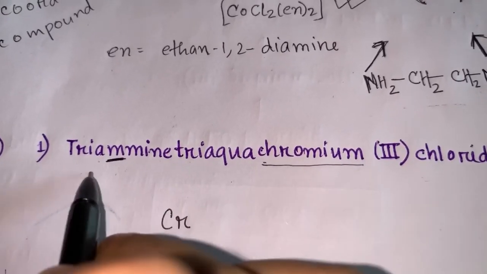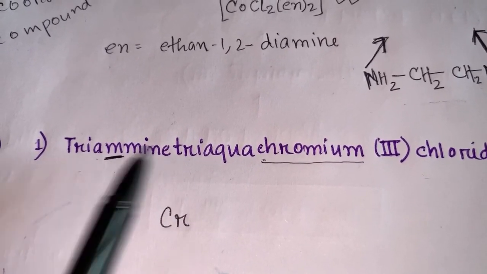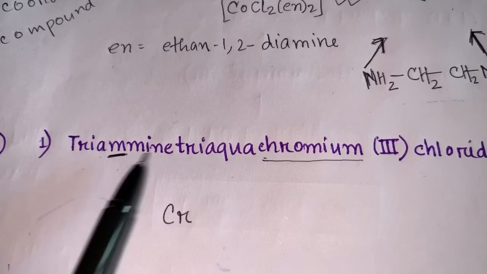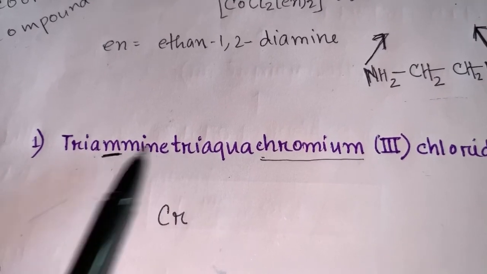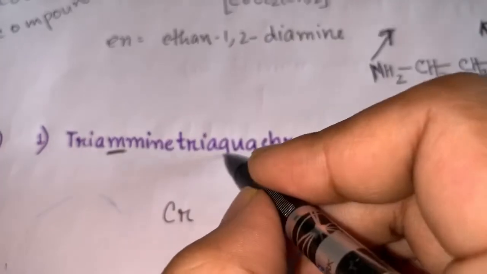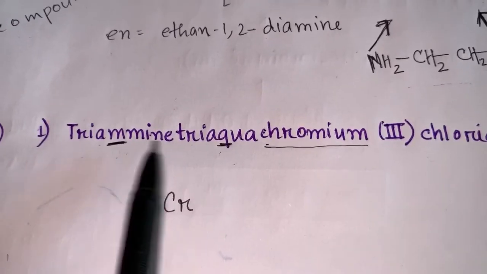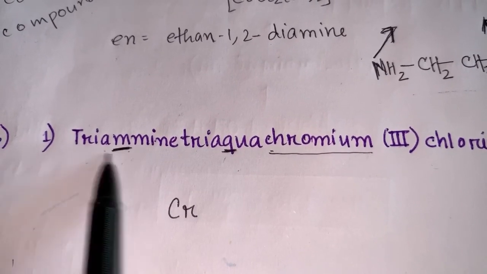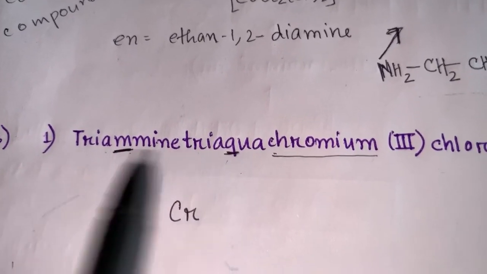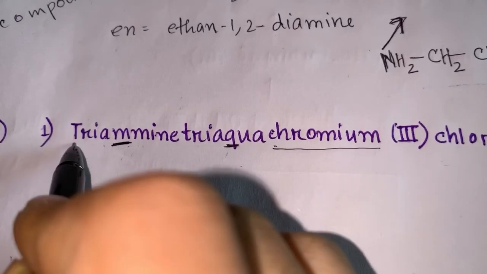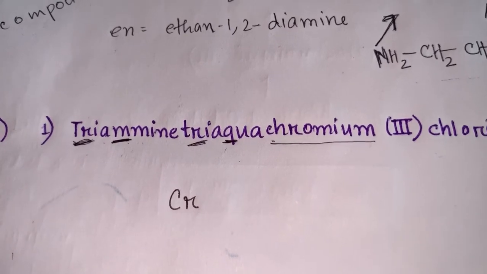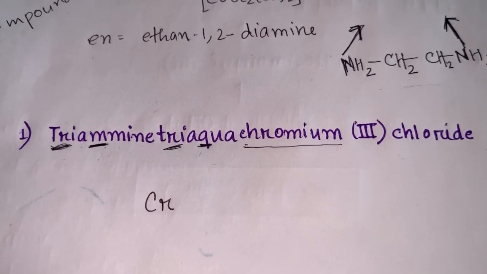Here we can clearly see that both the ligands start with A. But how do we know which one will be written first, because both of them start with A? For that we will look into the second letter, and if even the second letter is the same, we will move to the third letter, and so on. Please keep in mind that terms like tri, tetra don't get involved in alphabetical order.